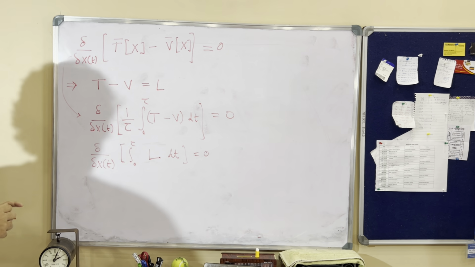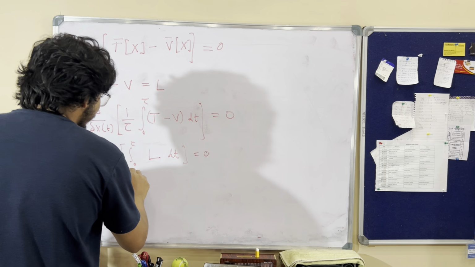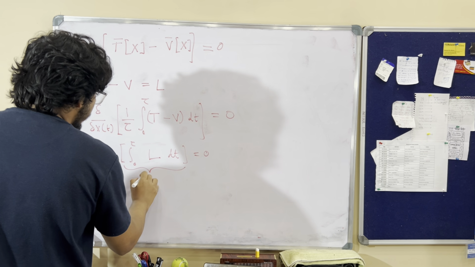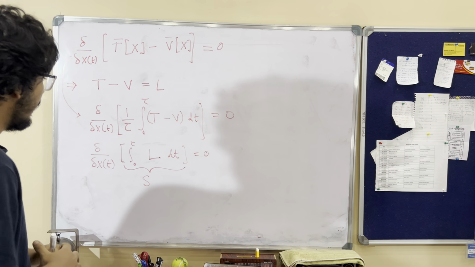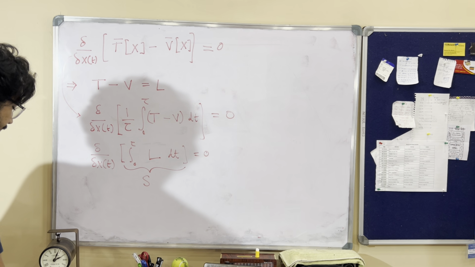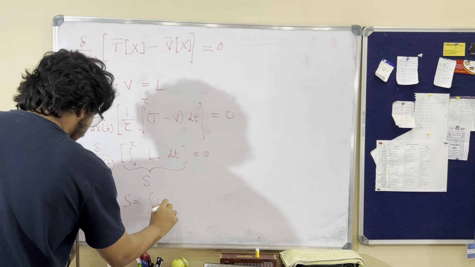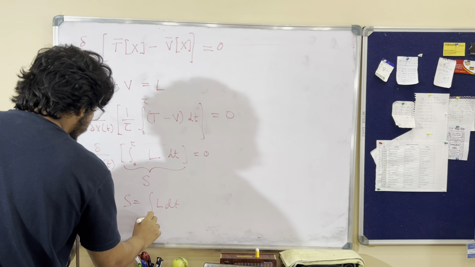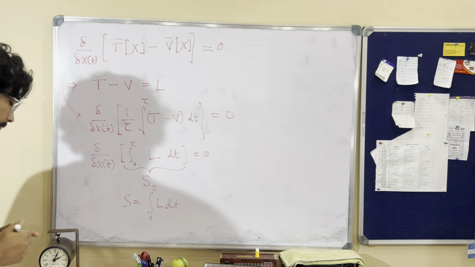we are getting this interesting expression, and we call this integral the action functional, and we denote it with S, the capital S. Where S is equal to the integration of L dt from some point A to B, or in this case 0 to tau.